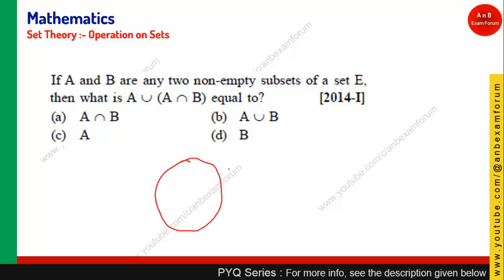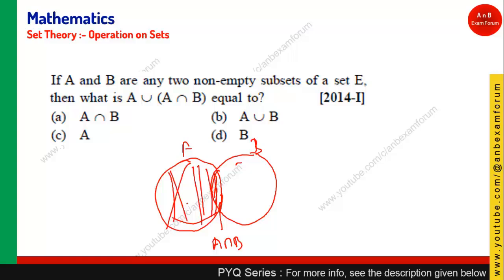So you have set A and set B. So A union A intersection B. This portion represents A intersection B, and you are taking the union with A intersection B, so A union A intersection B will become this whole shaded portion, which represents set A. So option C should be the correct answer. Let's see what is the right answer. Yes, option C is the right answer.